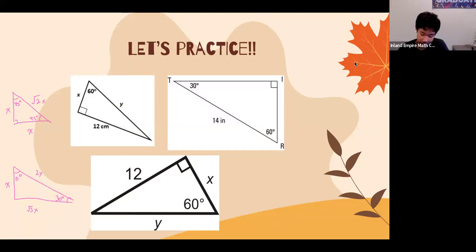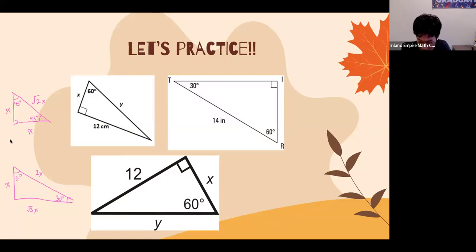Keep in mind that these relationships on the side represent the relationships between each side of the triangle. You don't have to know all three sides to find the distance of each side. You just have to know one of them. If it's a 30-60-90 triangle or a 45-45-90 triangle, which we'll talk about later, you'll be able to find all three sides.